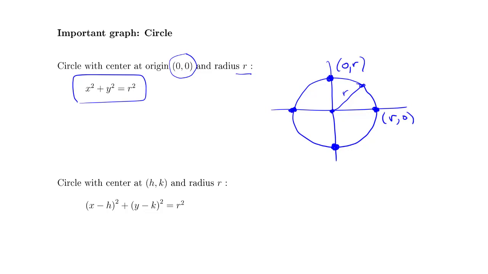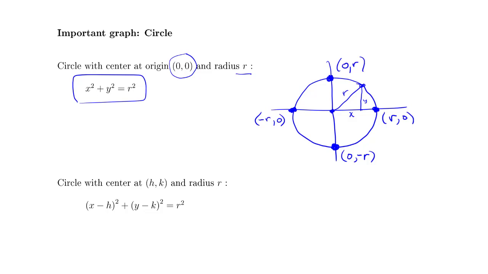This point on the left is (-r, 0), because it's r back, and then 0 up. And this point down here is 0 in the x direction, and then r down, which would be negative r in y.